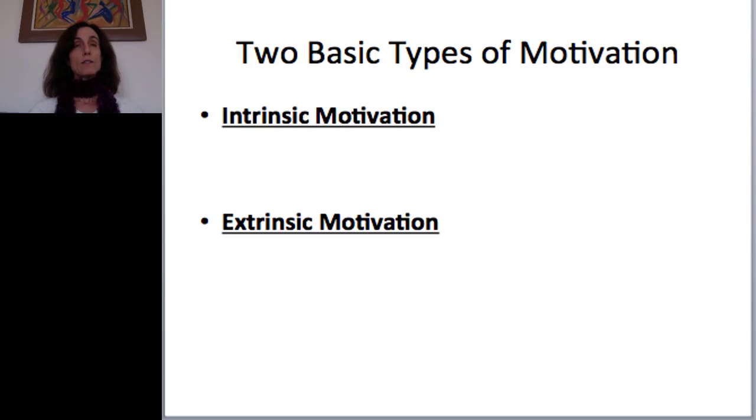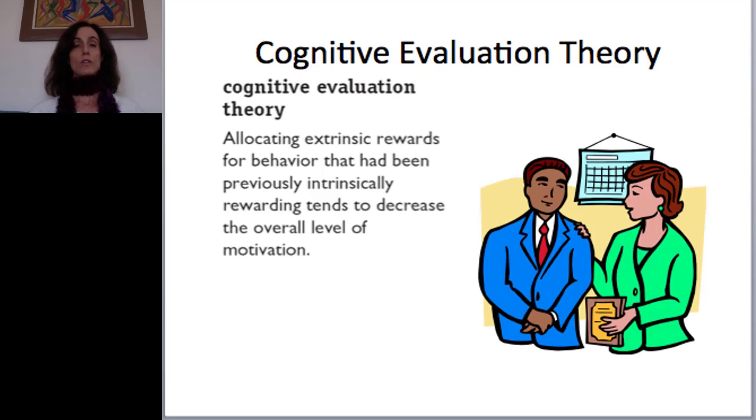So these are the kinds of motivation, but we can also think of intrinsic rewards as the rewards you get from being engaged in intrinsic motivation. And extrinsic rewards refers to what you get reward-wise from extrinsic motivation. This is going to be important as we try to understand cognitive evaluation theory, which is next.